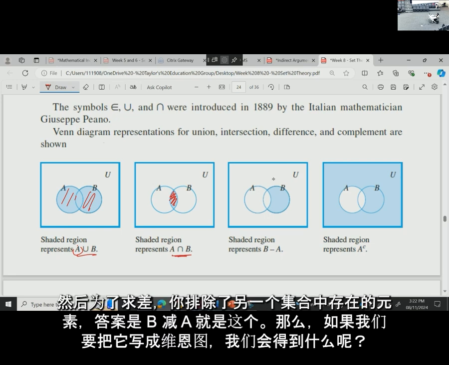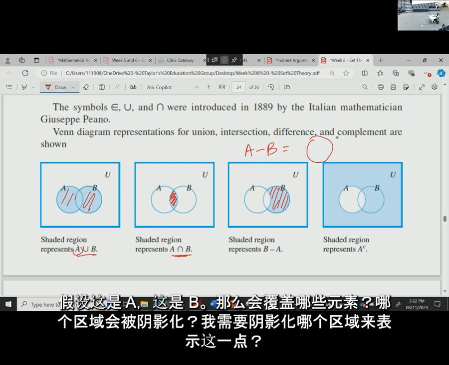And then for difference, you exclude the elements that are present in the other set, and the answer for B minus A will be this one. What if you have to write this down as a Venn diagram? Let's say this is A, this is B. What elements will be covered?